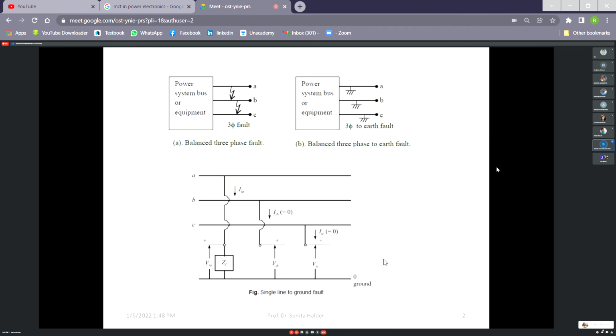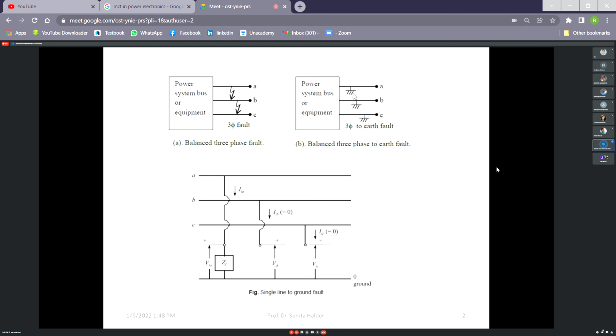So it is totally an estimation. Now a fault, that means short circuit, that means connection of two live conductors, may happen in different ways. Say 3 phases get short circuited, right? So this is called a balanced 3-phase fault.